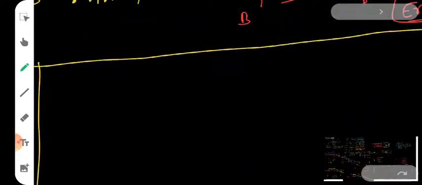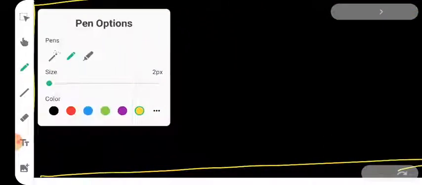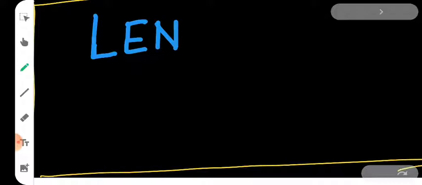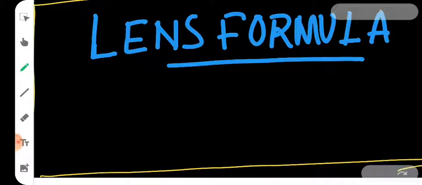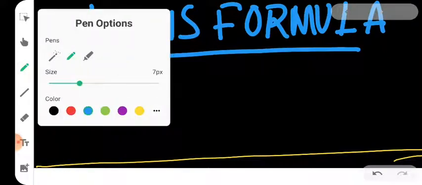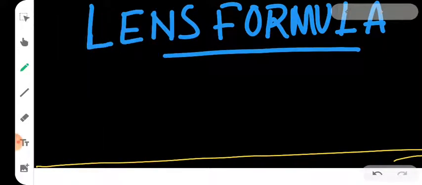So now let me move on to the mirror formula. Sorry, not the mirror formula, but the lens formula. There is no derivation which you study in your 10th standard about the lens formula, but I am going to straight up give you what it is.